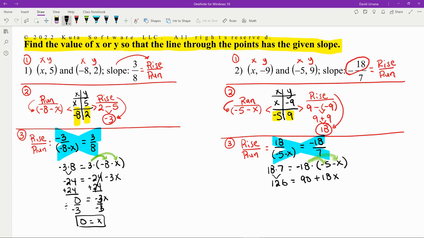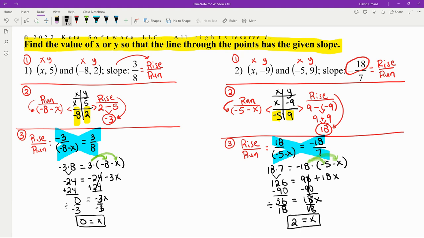Then I'm going to subtract 90 from both sides. And if I take 126, take away 90, I end up with 36 is equal to 18x. Divide everything by 18. And now x happens to be equal to 2.